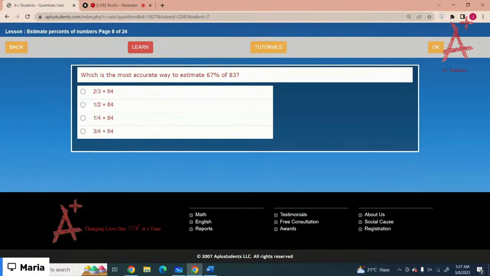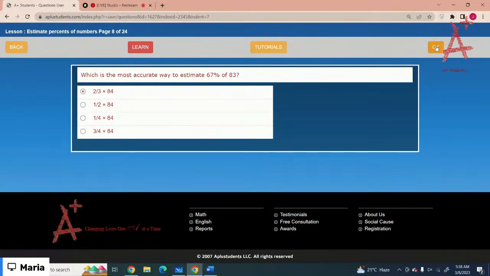Which is the most accurate way to estimate 67% of 83? So 67% is two-third. You can calculate two-third of 84, not three-fourth. Three-fourth is 75%. Two-third is 67%.